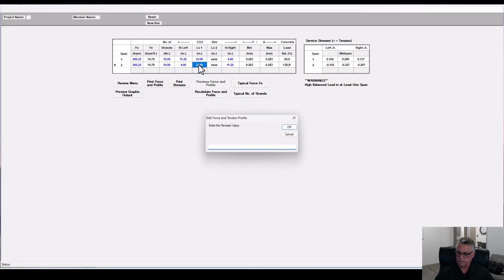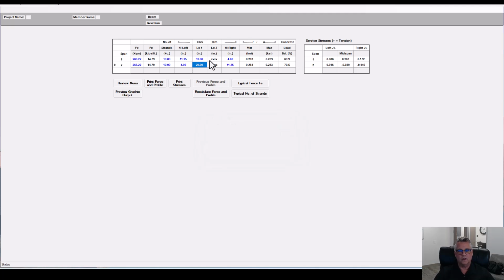In this case, if I'd left this as fully draped, we're pretty significantly overbalanced. And what we do here is keep a real close eye on the concrete balanced load. That's actually about the most important thing we're looking at as we're laying this system out, trying to figure out what we want to do.